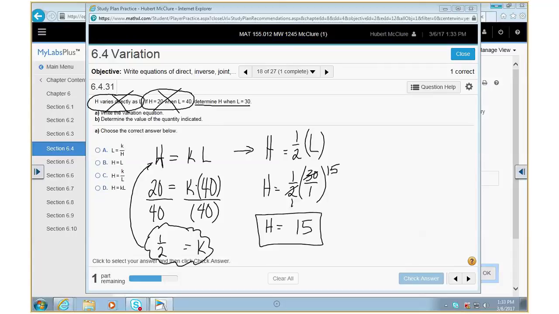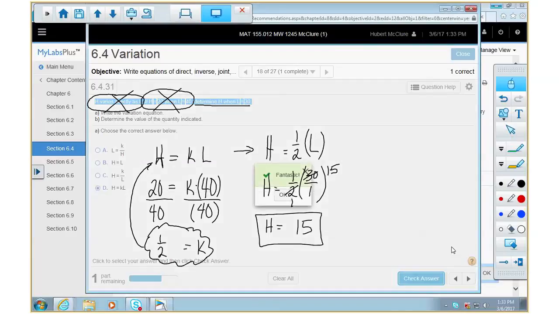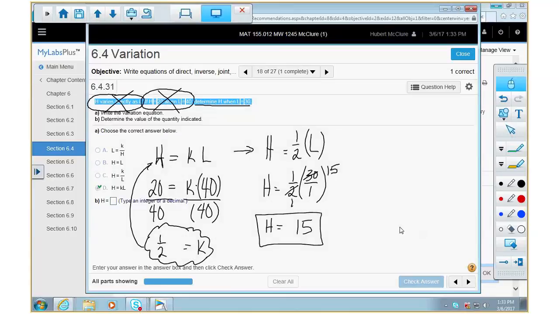Now that's the kind of test question I would put on a test. So you answer it. H is equal to K times L. Fantastic.